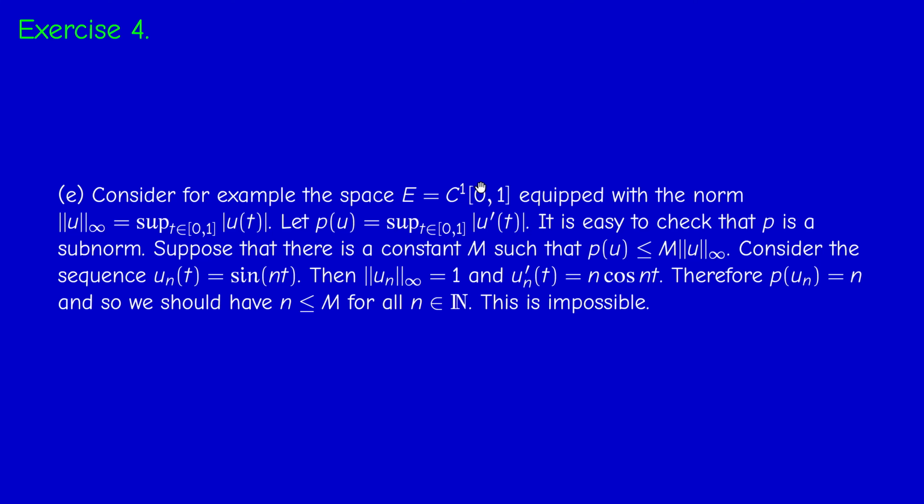In the lecture, we mentioned that P is a subnorm. It is positively homogeneous and satisfies the triangle inequality. But the problem here is that if P of U equals 0, it doesn't imply that U equals 0. It only implies that U is a constant. So it's not a norm.